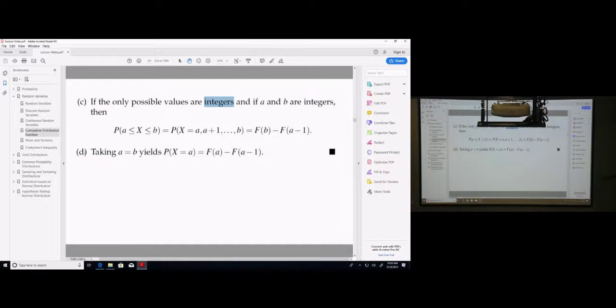So maybe you should strike out the D here, and then think of this now as a special case of these situations. When A and B are equal, then the probability of X equal to A equals the cumulative function at A minus the cumulative function of an integer before. All right? You get my point here?